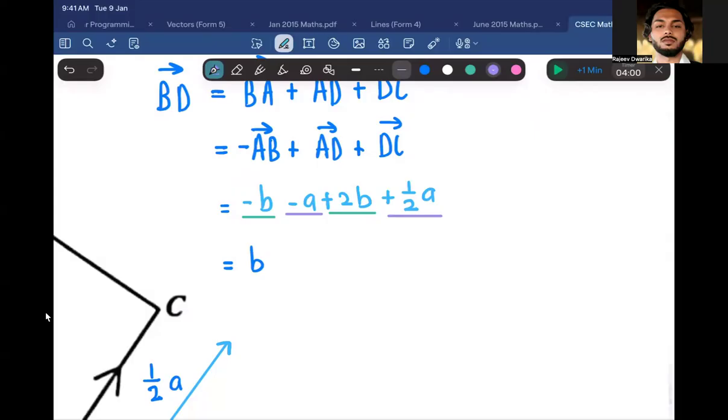If you're confused, put negative 1 plus a half in the calculator, and you should get negative a half.